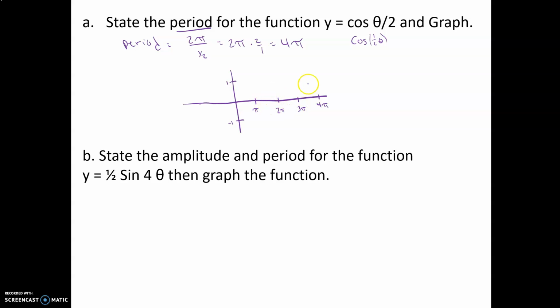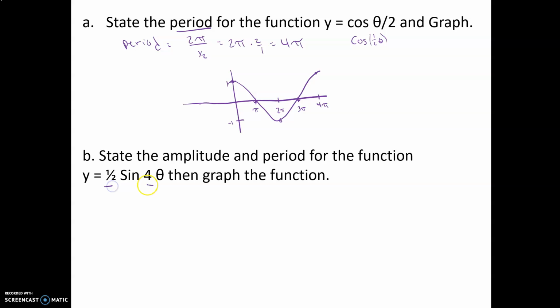So you want to get those 4 markers. And then you graph your cosine function. Remember, it starts up high, 0, negative 1, 0, 1. And you can get that full cosine wave. And you could continue the pattern this way as well and go to negative 4 pi.